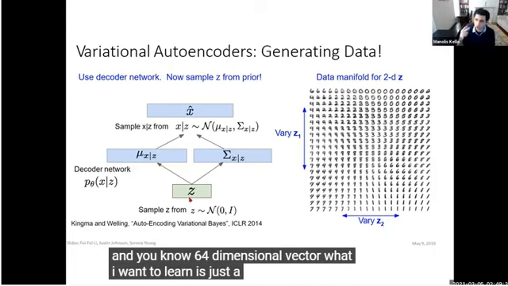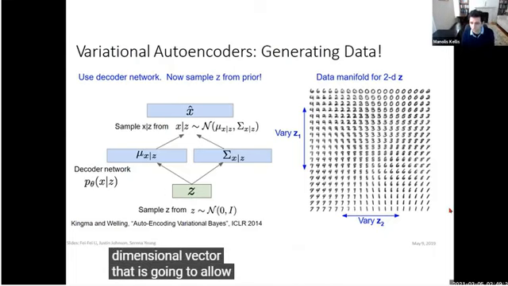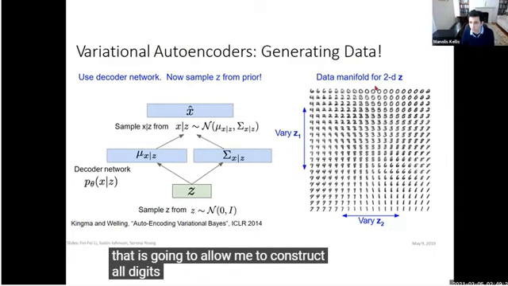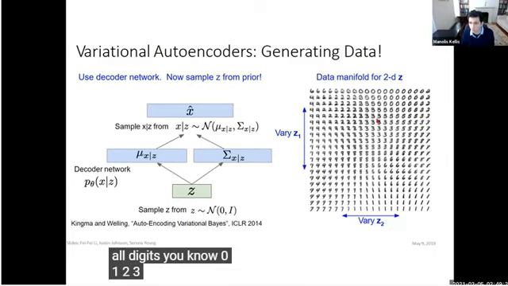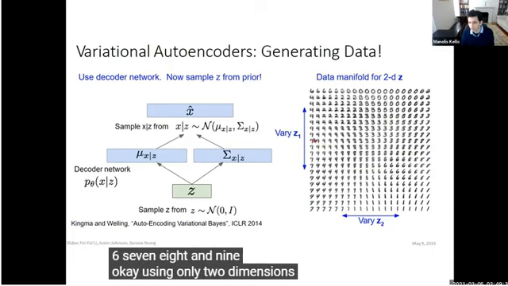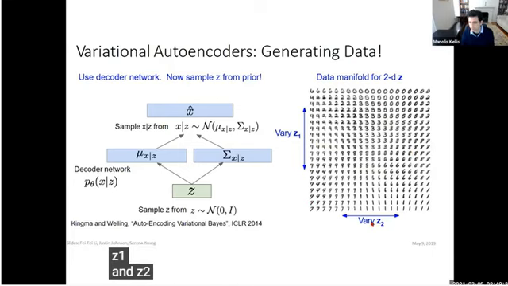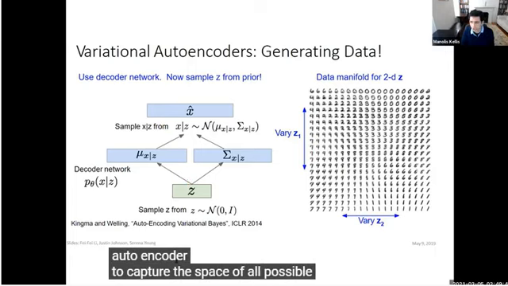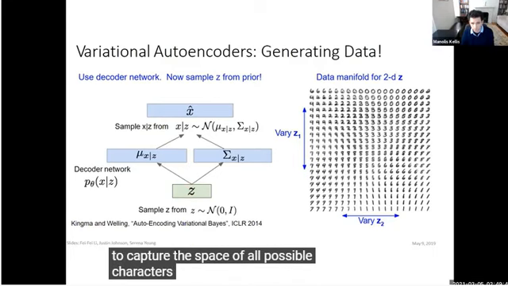What I want to learn is just a 2-dimensional vector that is going to allow me to construct all digits, 0, 1, 2, 3, 4, 5, 6, 7, 8, and 9, using only 2 dimensions. So I have Z1 and Z2. I've now forced my variational autoencoder to capture the space of all possible characters into only 2 dimensions.